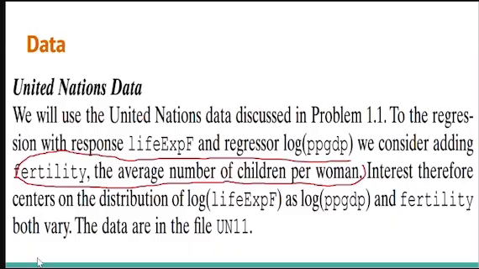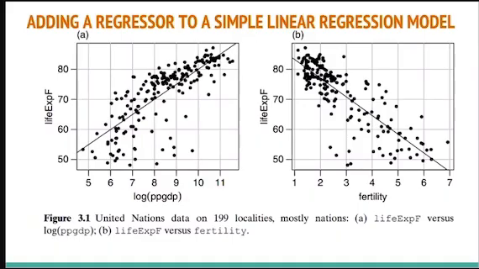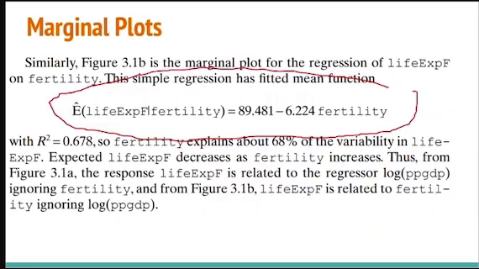Now if that goes up by one, if a woman has one more child, this is trying to say that on average, we expect the life expectancy to decrease by 6.224. Why decrease? Because of the negative sign.